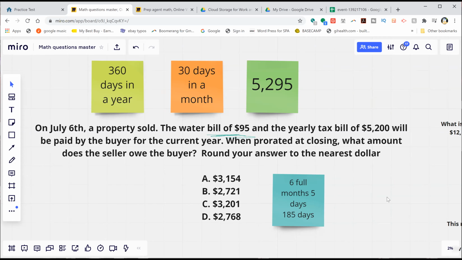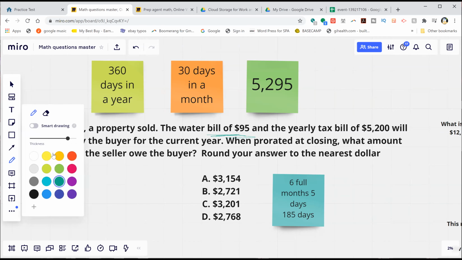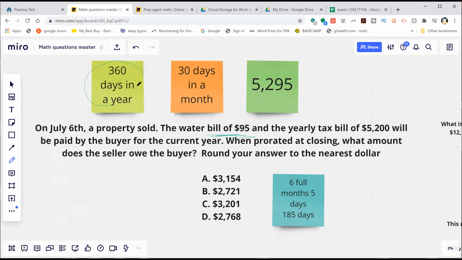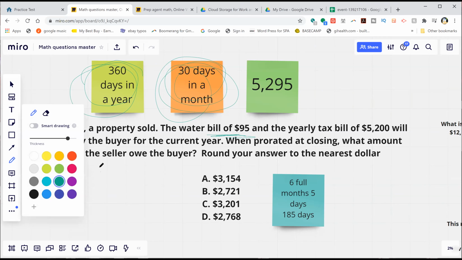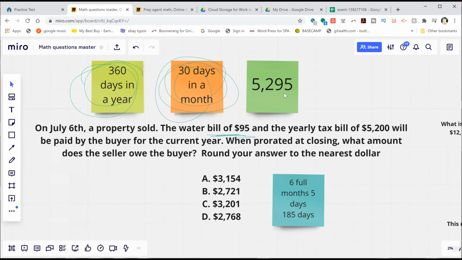So 6 times 30 is 180, plus 5 is 185, because we are working on a banking calendar. The banking calendar is always 360 days, with 30 days in a month. That's what we always work on, unless they tell you otherwise. The likelihood of them telling you otherwise is very low.